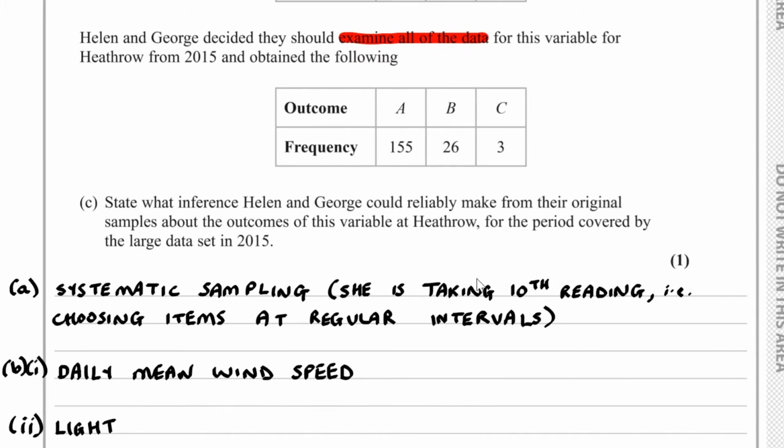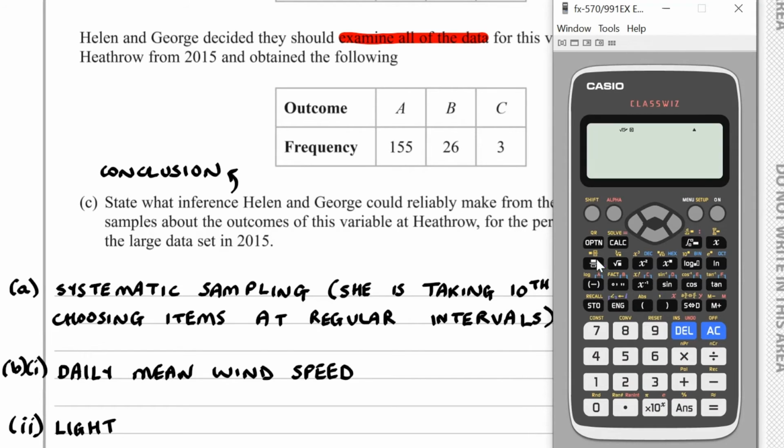We have to state what inference Helen and George could reliably make from their original samples about the outcomes of this variable at Heathrow for the period covered by the large dataset in 2015. So what does inference mean? That just means conclusion. So if I take a look at A, we've got 155 over 155 plus 26 plus 3, which is around 84%.